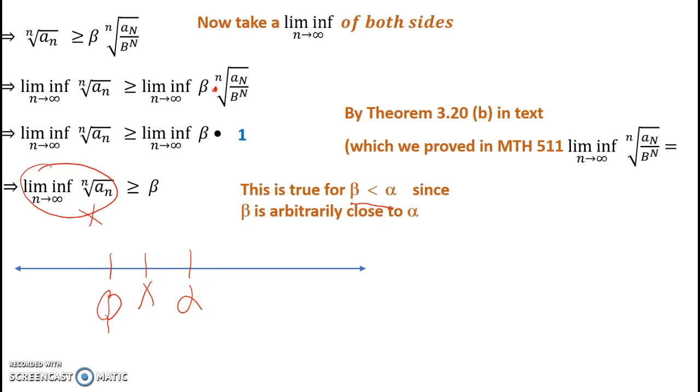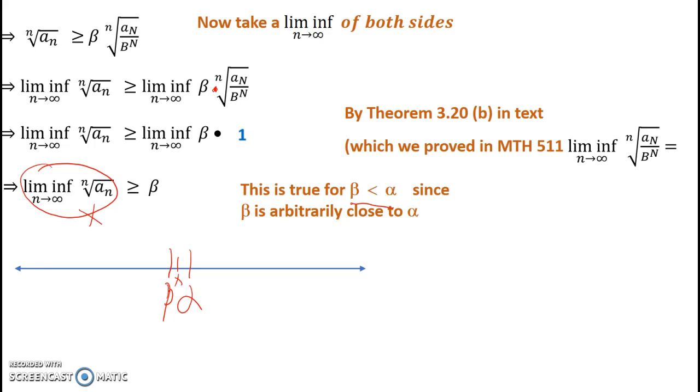But as we said, beta is an arbitrary small number, which is less than alpha. So I could also place beta here. But if I do that, then I would have to place x in between those again. So x would have to go here.